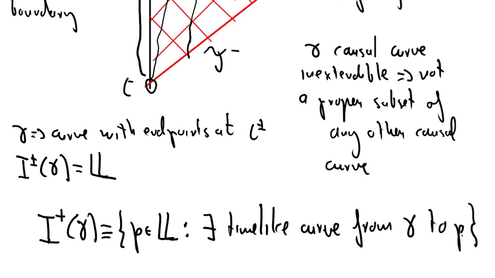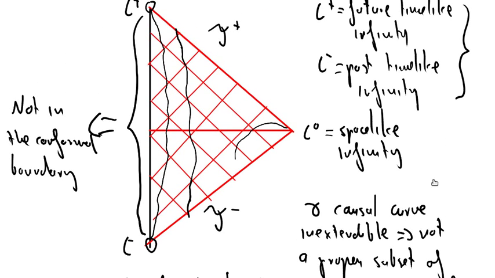So we can join P with a time-like curve which starts at some point of gamma and ends at P. If you look at this picture, you just consider this curve gamma, and consider any point on Minkowski, which, as we know, is the interior of this triangle.